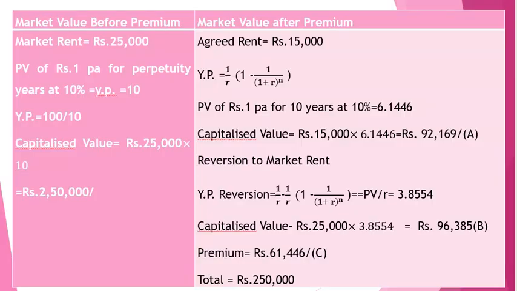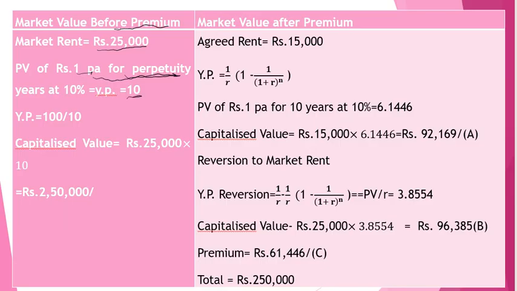So another example that will make things clear. It's the same question. See here how it happens. So market value before premium, if premium was not paid, market rent was 25,000. So YP at 10% in perpetuity. So here we will be using YP perpetual.